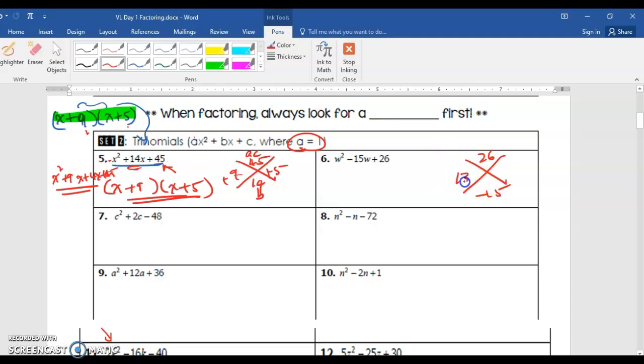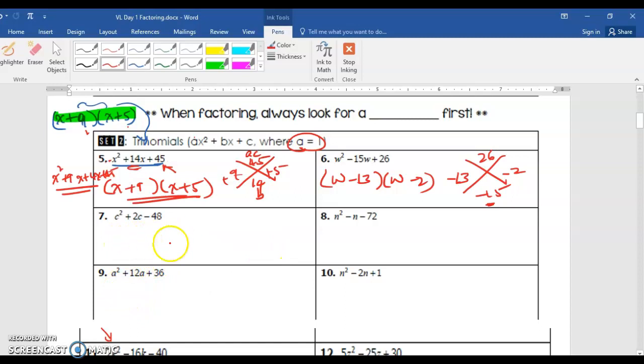So 26 is 13 times 2, but this happens to be a negative number. So if we make both negative, then two negative numbers add to negative 15, and the product of them would be a positive number. So this works perfect. So our answer would be w minus 13 and w minus 2. Alright.